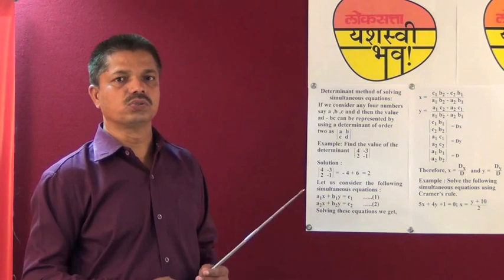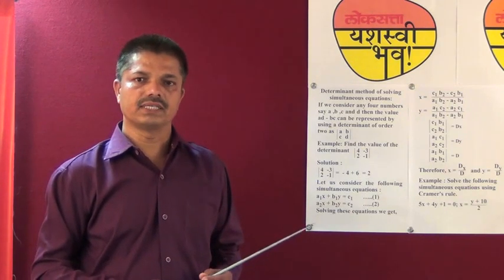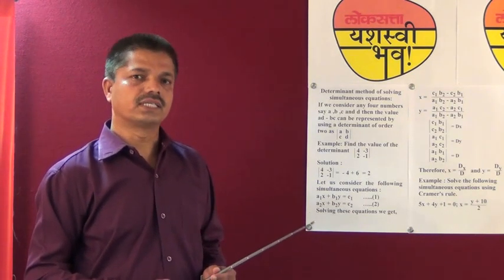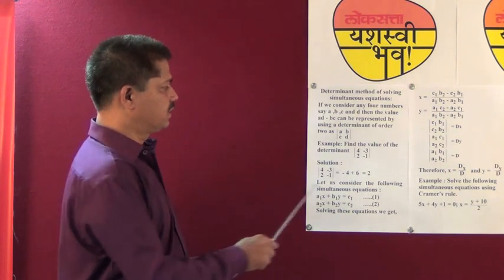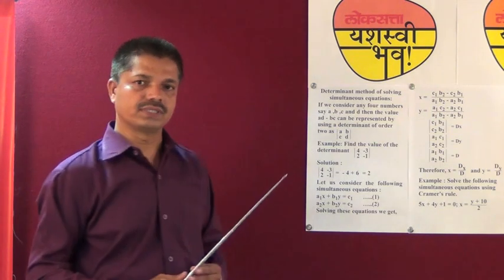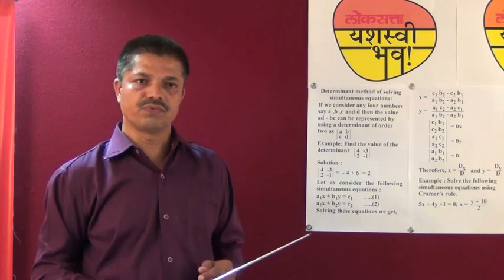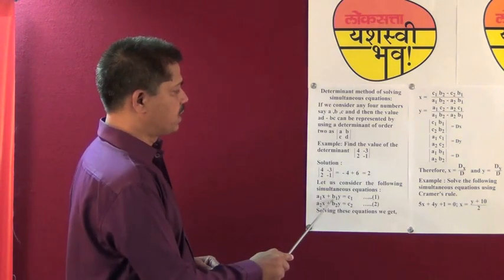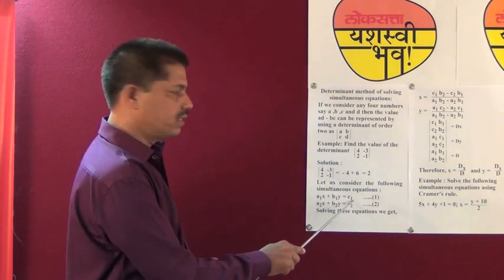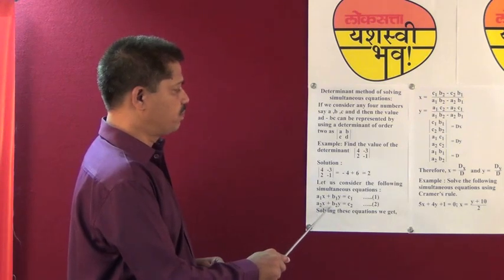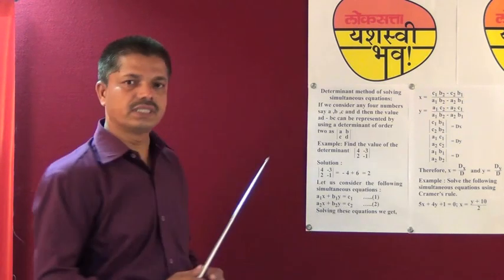Now let us see its use for solving simultaneous equations by the determinant method. Let us consider the following simultaneous equations, which are written in general form: a1x plus b1y is equal to c1 and a2x plus b2y is equal to c2.